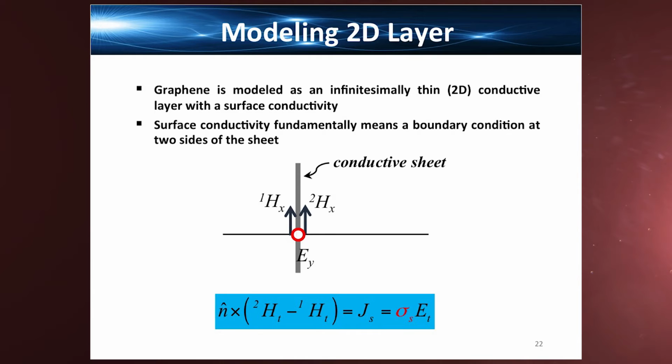The surface conductivity fundamentally means a boundary condition at the two sides of the sheet. For example, here you have this boundary condition, namely the conductive sheet, resistive sheet or impedance sheet boundary condition.